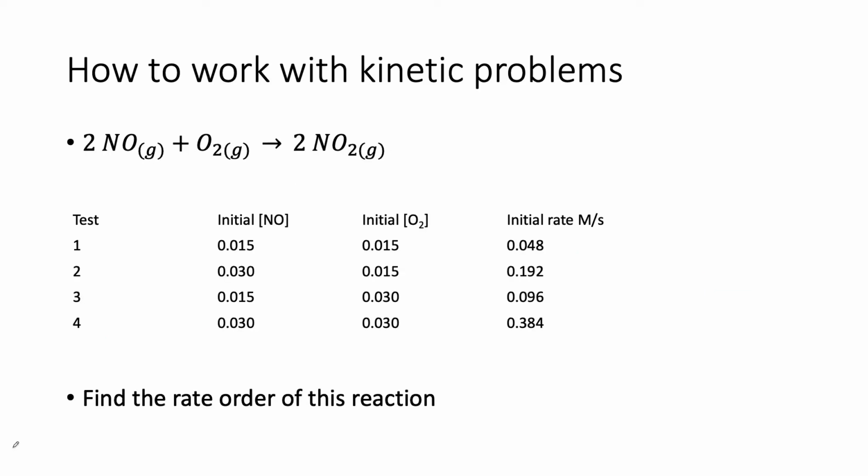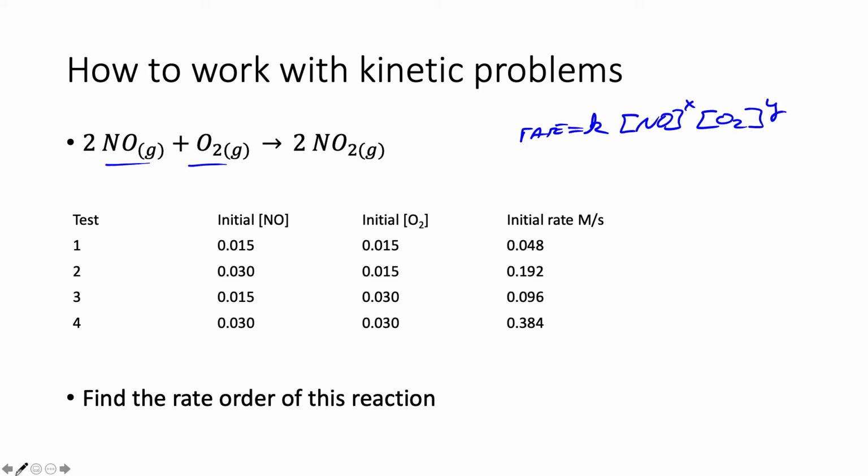So we're going to look at how to work with kinetics problems experimentally and find the rate of the reaction. Now the rate is equal to a constant times our reagent raised to the x power and O2 raised to the y power.